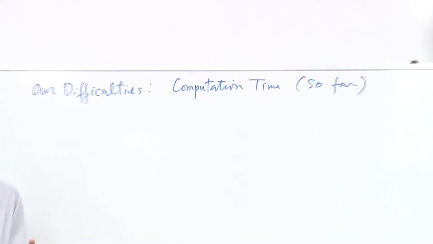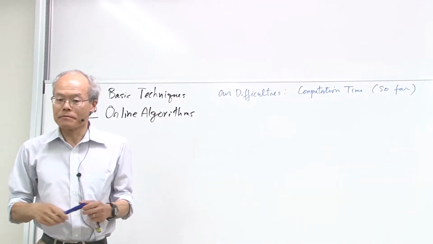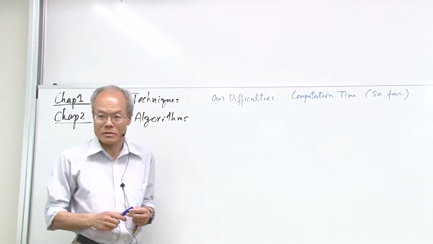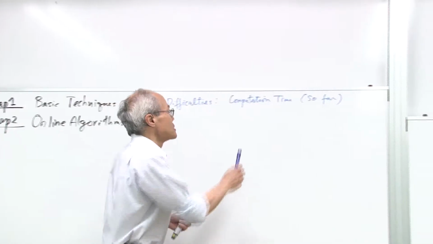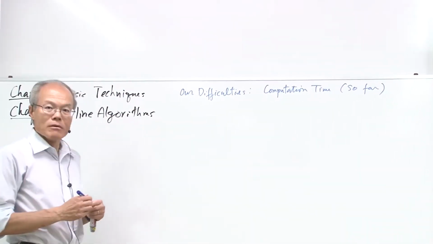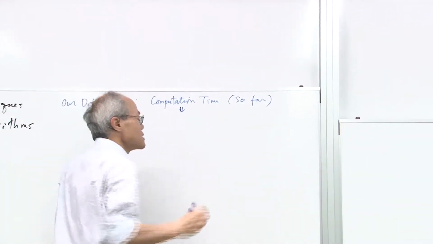So our goal was always to try to design faster, more efficient algorithms. Our main goal was computation, and our main difficulty was computation time. Now our goal is changed.